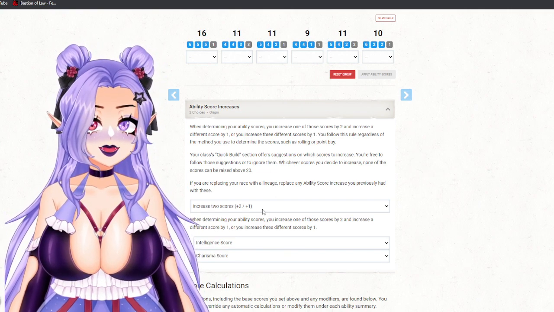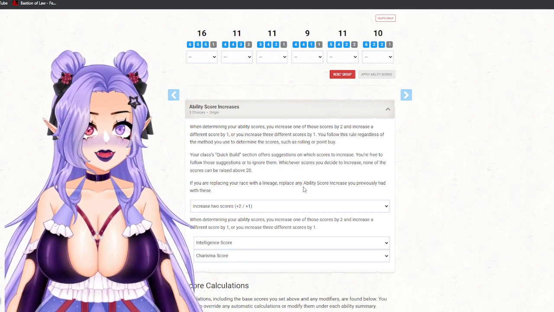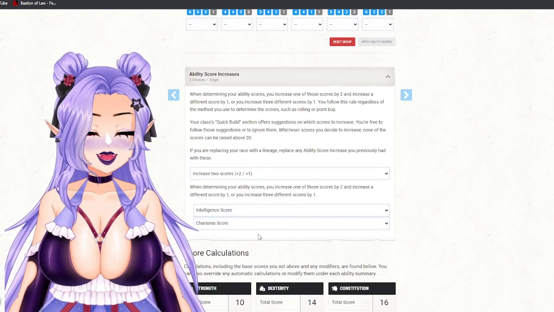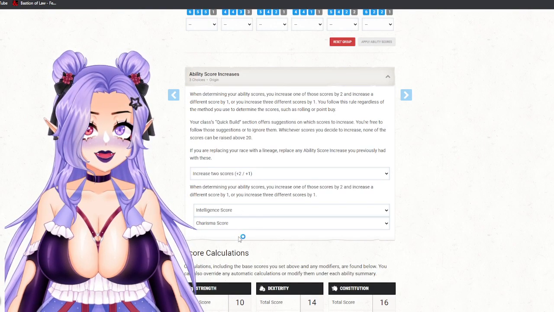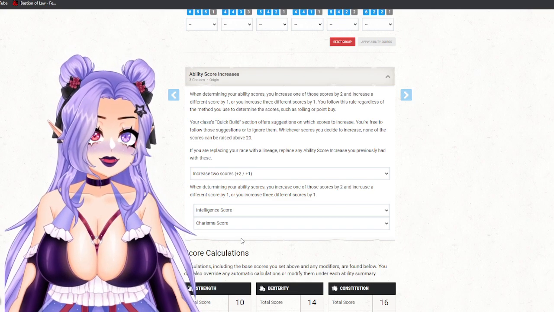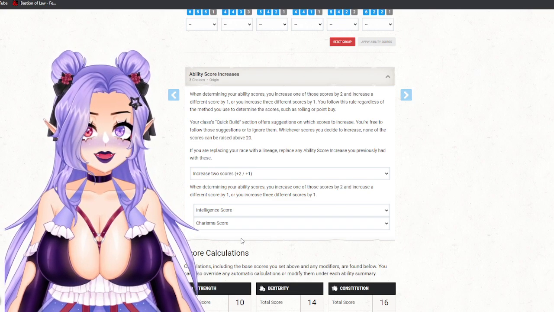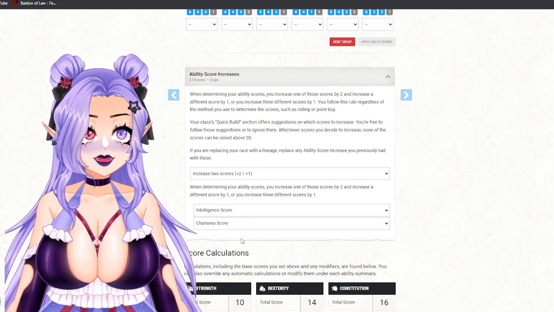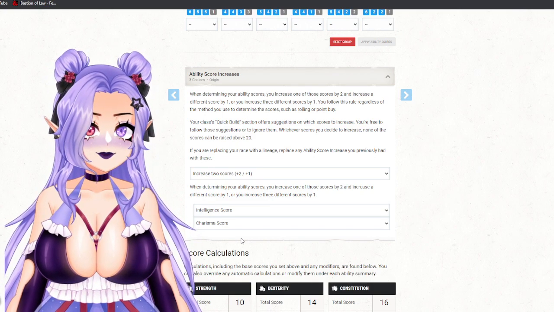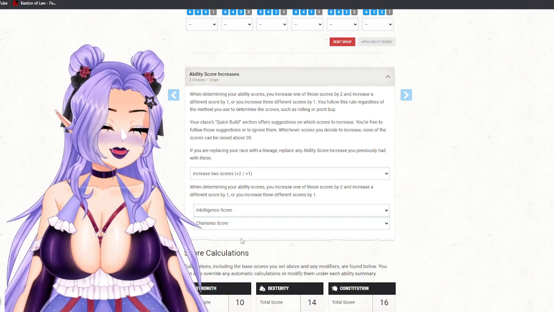And if players at my table are like, hey, I have a 17 in, let's just say, charisma, and I really want to max that 17, but I still have to add my racial trait, my racial ASIs. Can I just have a +2 and a +1 in charisma? So essentially, it would be a +3 from the racial trait. I would say, sure, that's totally fine.